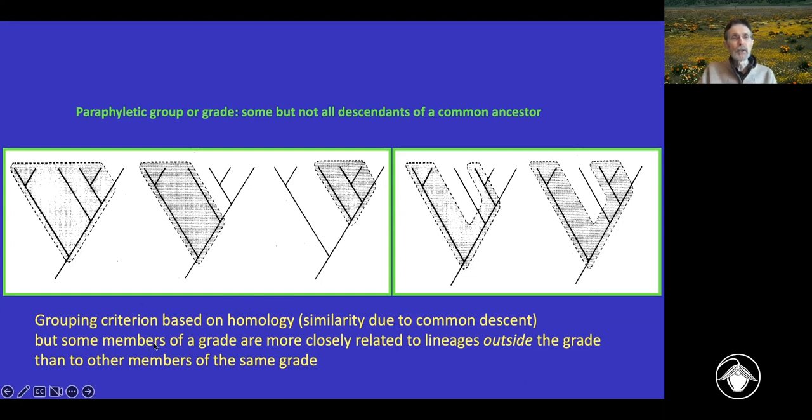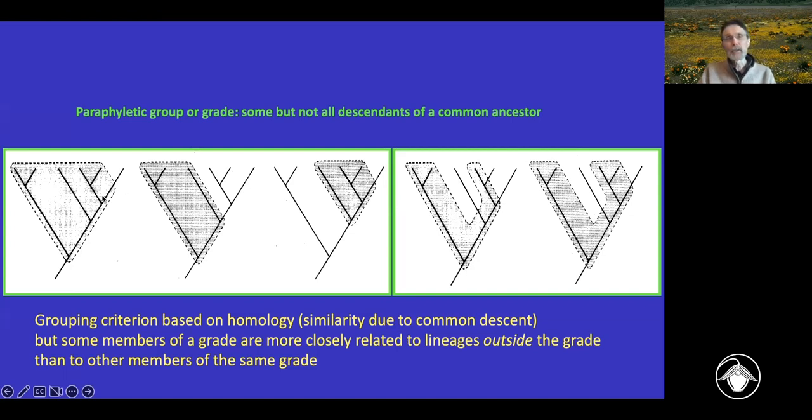But some members of the grade are more closely related to lineages outside the grade than to other members of the same grade. So here, for example, these 2 species that are terminal taxa at the end of this particular clade are more closely related to this lineage that's not part of the grade than they are to these other lineages within the grade, which have a more distant common ancestry than these 2 do at this point.